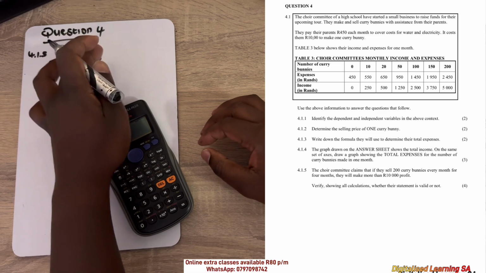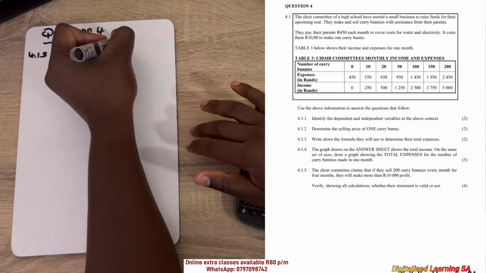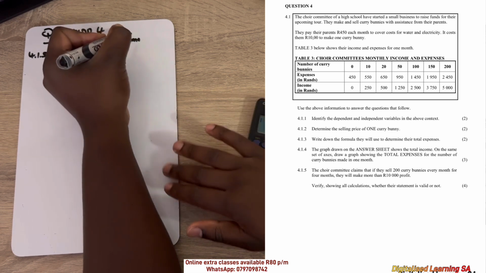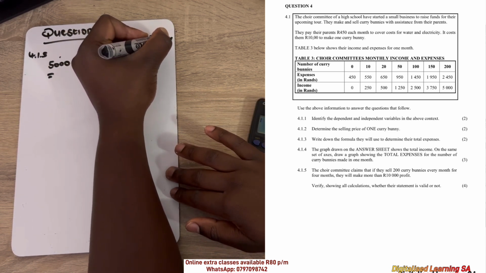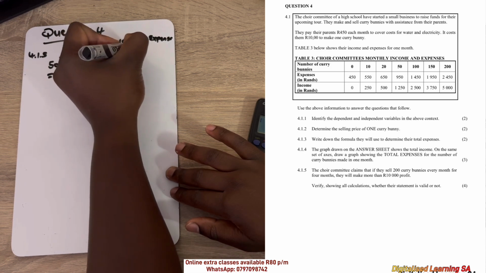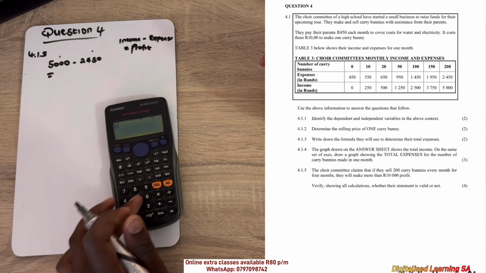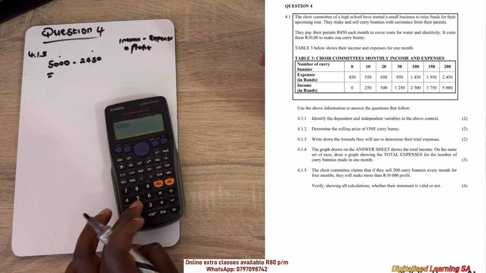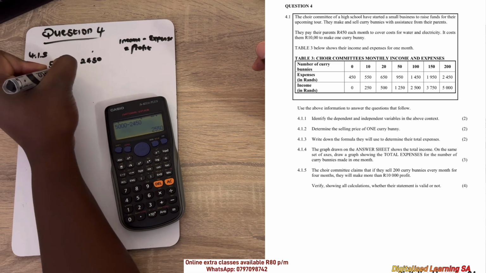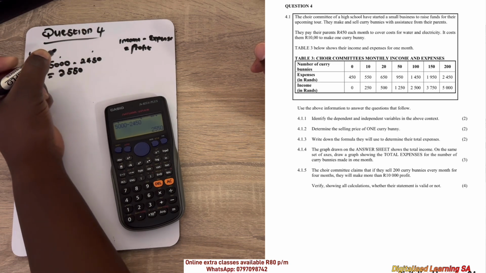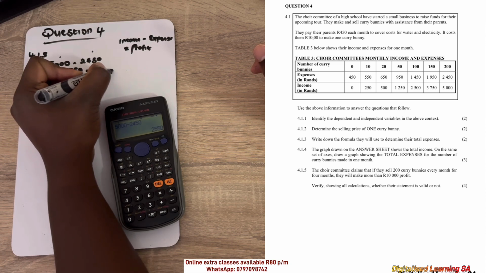Income minus expense is equal to profit. So 5,000 minus 2,450, and our answer will be 2,550. This is the profit for 1 month.